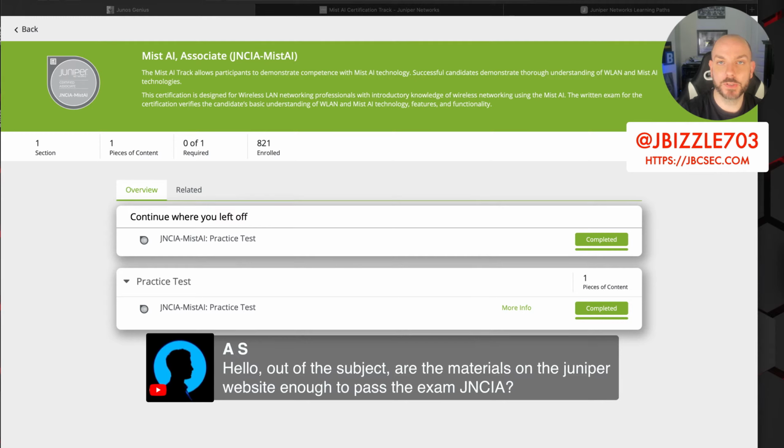I would say that the materials there are enough, coupled with the fact, if you don't have any hands-on Juniper experience, that you use the vLabs, which is free, to do the different labs at the end of the different lessons. At the end of each lesson, they do lab walkthroughs, where they give you the objectives of the lab and then they do the lab themselves, and you watch through it and then you answer questions and stuff like that.